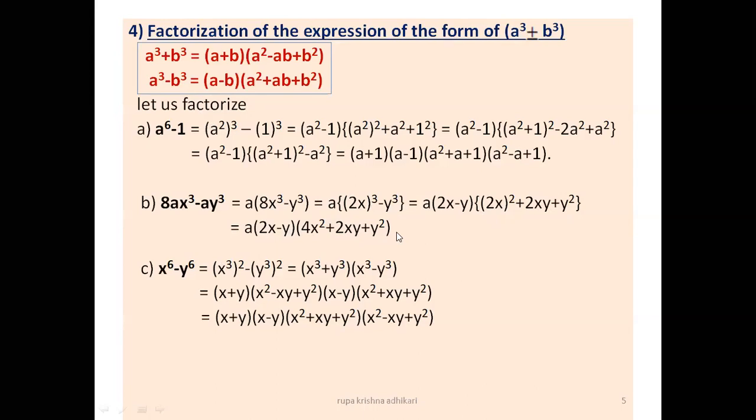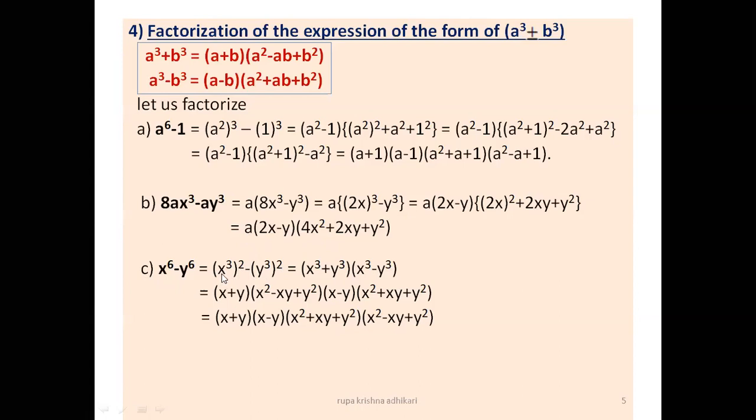Hence the factors. Here you can see three factors: a, 2x minus y, 4x square plus 2xy plus y square. Now last, x to the power 6 minus y to the power 6. Here I have converted it to the form a square minus b square.